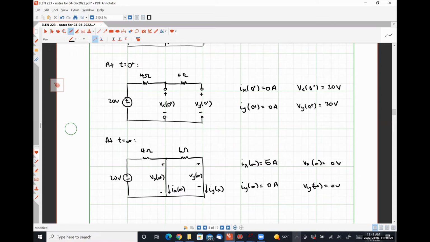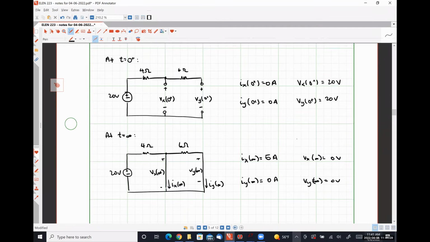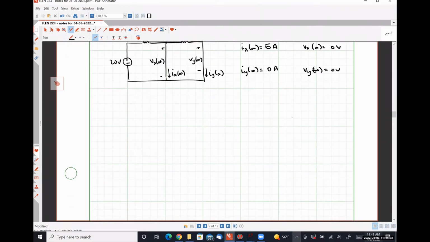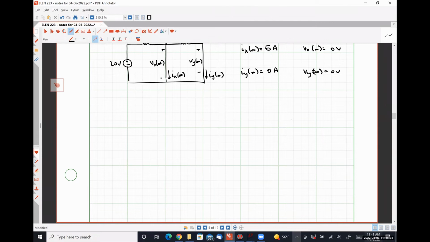So since our ultimate goal was to determine the quantity Iy, I'll do as much here as I can. Iy of t is a1 e to the s1 t plus a2 e to the s2 t plus Iy at infinity.